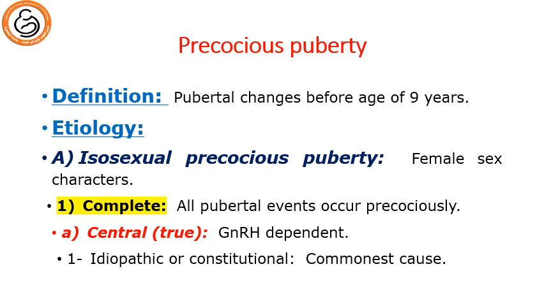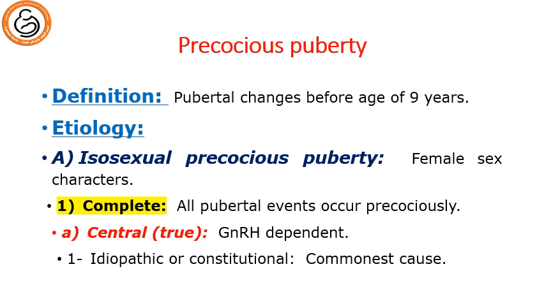which is either complete or pubertal events occur precociously. This is related to the central cause, GnRH dependent, and this is the true one, with release of gonadotropin-releasing hormone from the hypothalamus. This may occur as a result of an idiopathic or constitutional cause, which is the commonest cause.